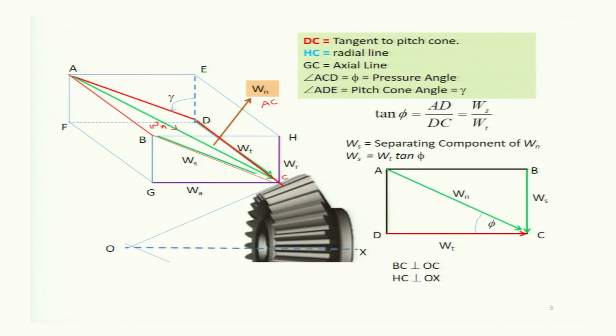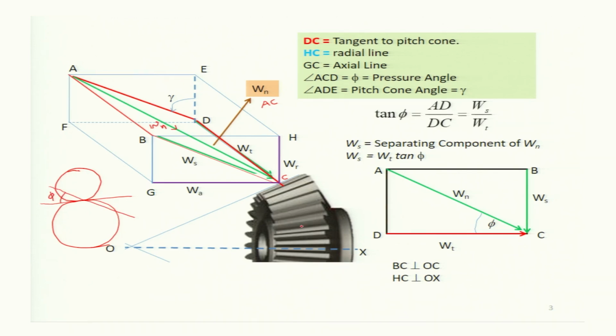In the case of spur gear, we have studied that if this is the pitch circle of the pinion and this is the pitch circle of the gear, then a line tangent to these two pitch circles is called the pitch line, and the angle between the line of action or the pressure line and this pitch line is called the pressure angle phi.